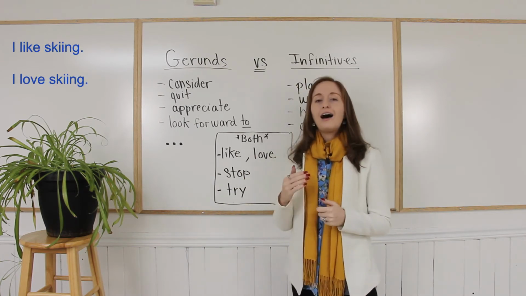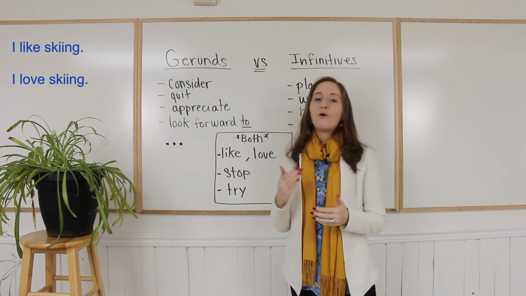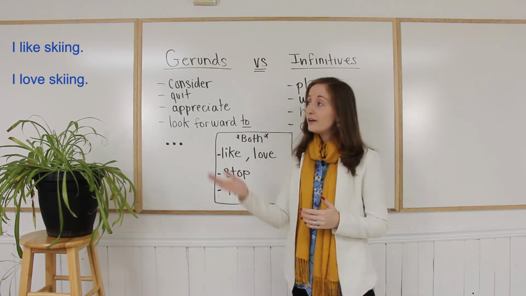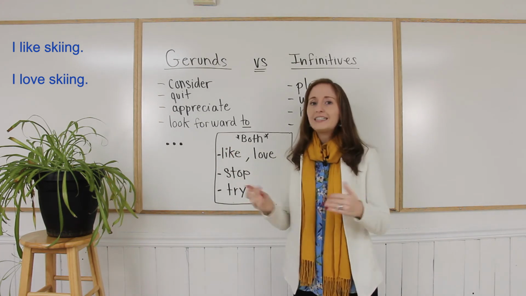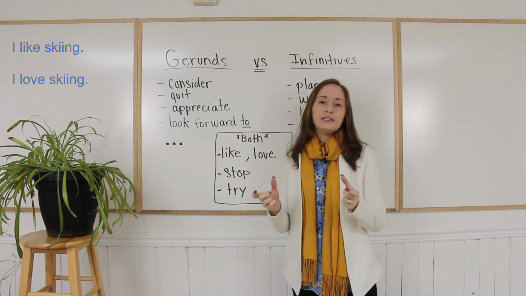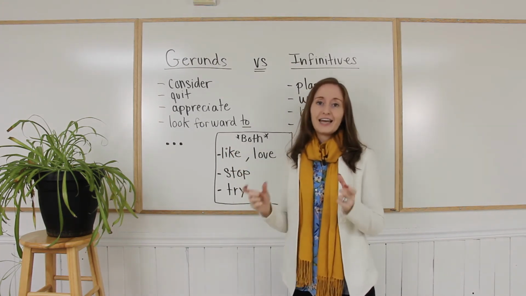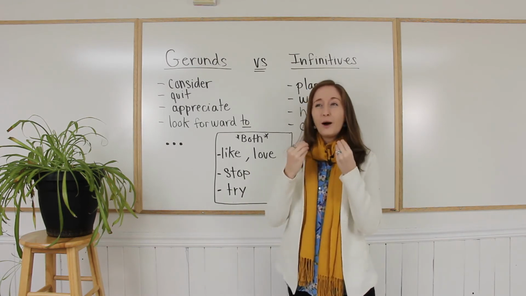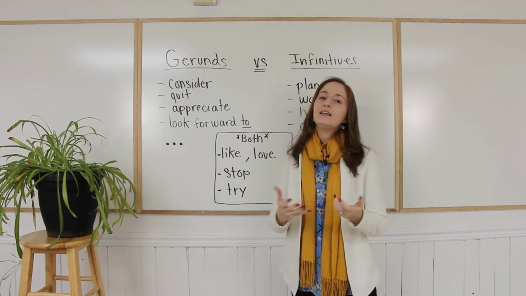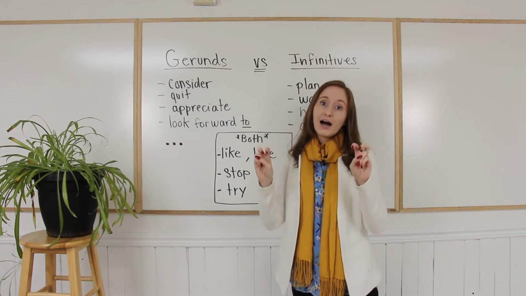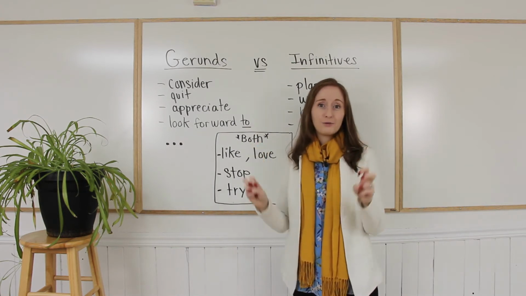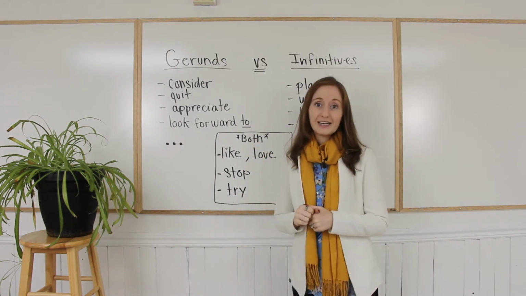Example number 2, I like skiing or I love skiing with a gerund, practically no difference. Different grammatically, yes, and the elements are different, but the comprehension, the idea is very, very similar. My favorite sport or what I prefer is skiing.